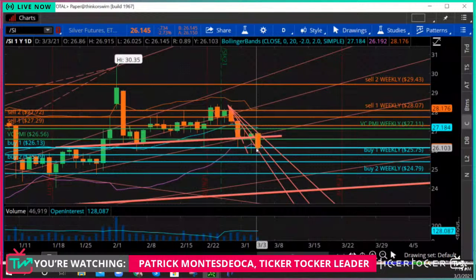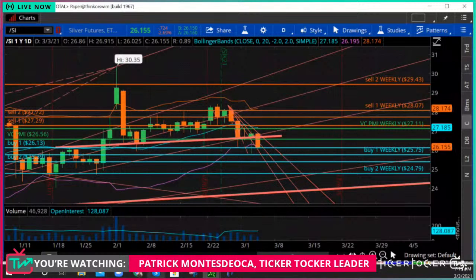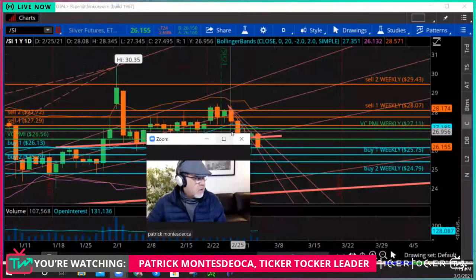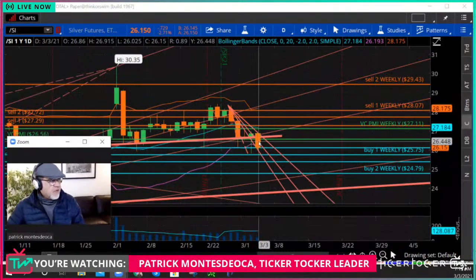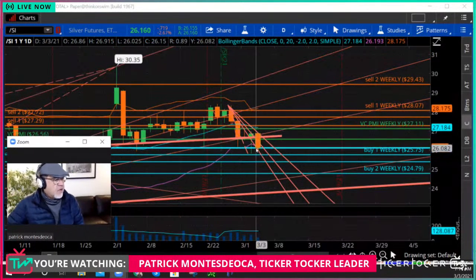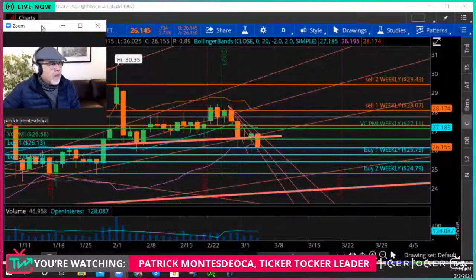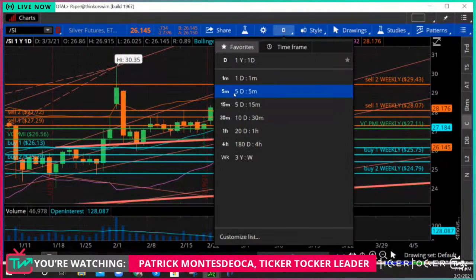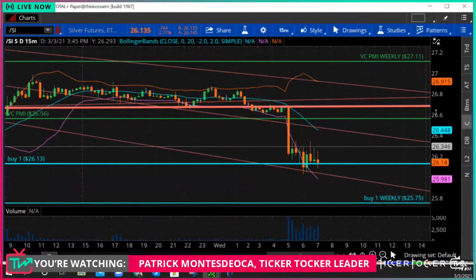And based on the VCPMI, we're looking at the market coming down, and you're looking at the daily chart here, the market coming down into the blue zone. And this is silver.